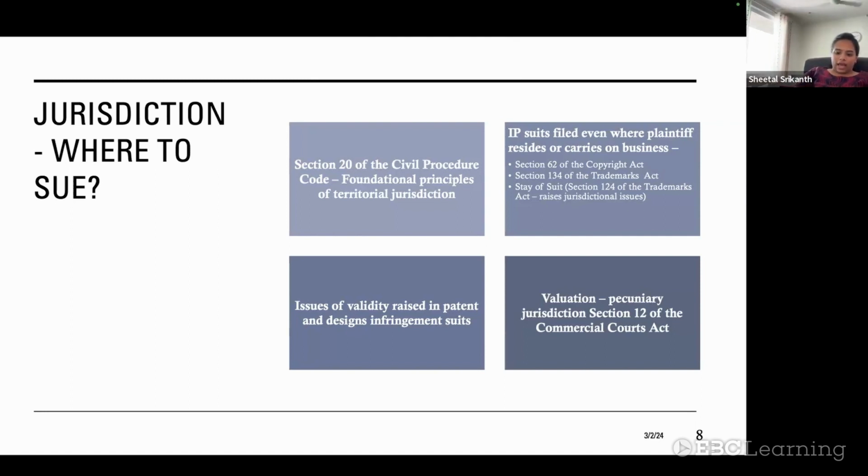Between 20 lakhs and 50 lakhs, you would have to go to the senior civil judge, and above 50 lakhs, you would have to go to the district judge. So, if your intellectual property suit is valued at, let's say, 1 crore, then what happens is you go to the chief judges category to file the suit.